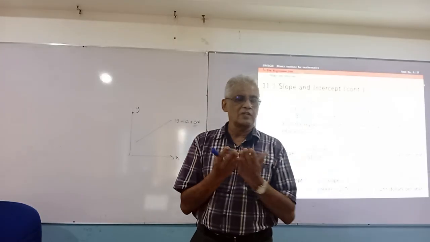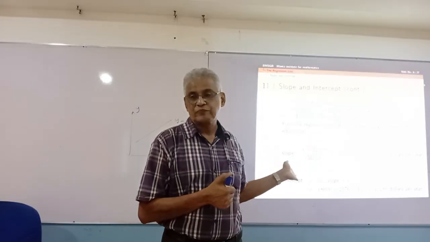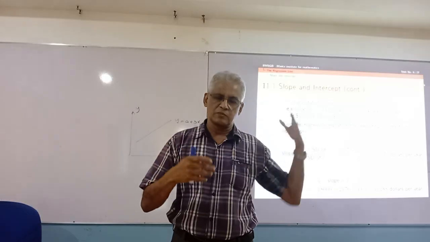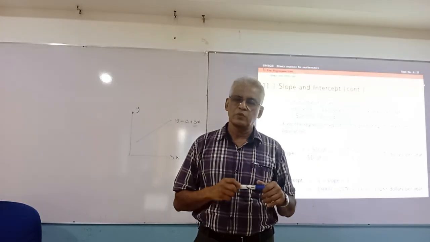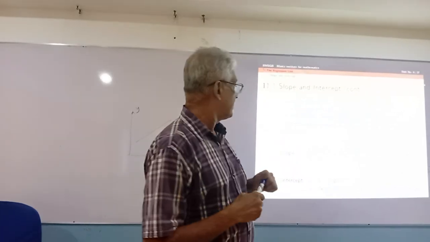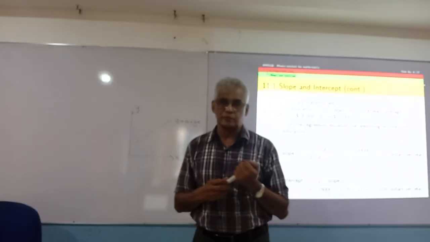So x equal to 0 probably is not a meaningful thing to talk about in this case, because the minimum value that we can talk about in this model is the minimum value of x in the data. So we may not be able to give a practical, physical meaning to the intercept.